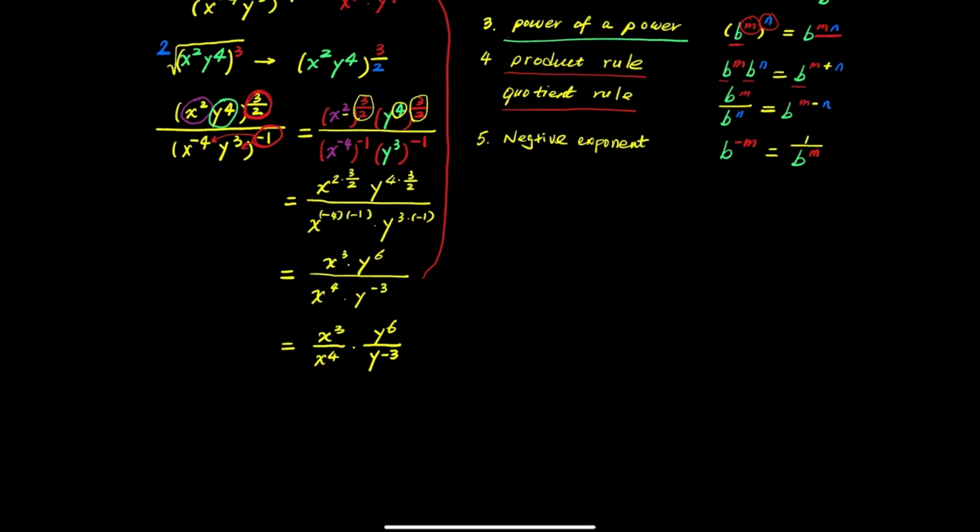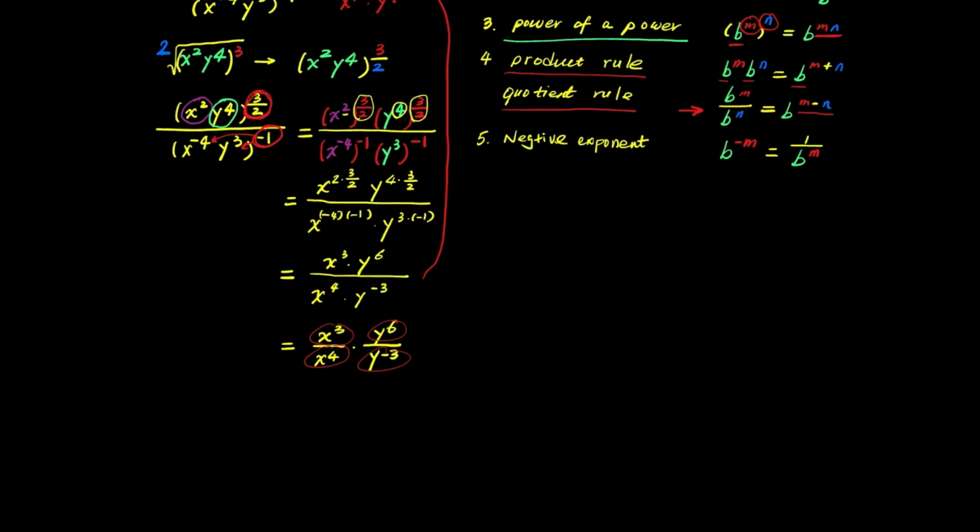Because now we have the x terms in both numerator and the denominator, and similarly y terms in both numerator and denominator. So we'll need to use this quotient rule to simplify these sets of terms. Remember, the quotient rule tells us that when we divide terms with the same base, we subtract their exponents.